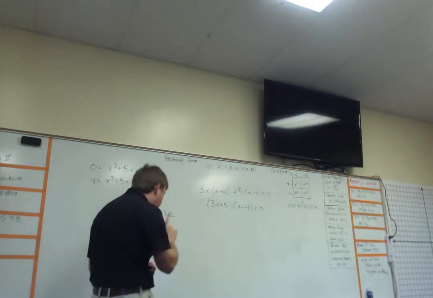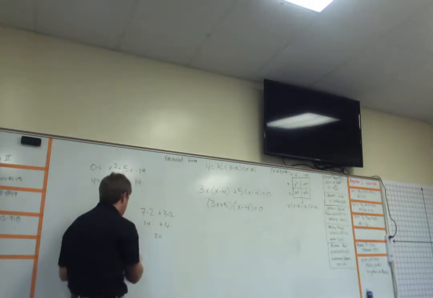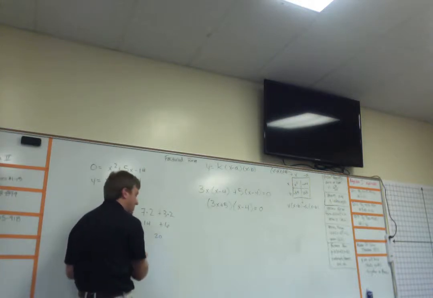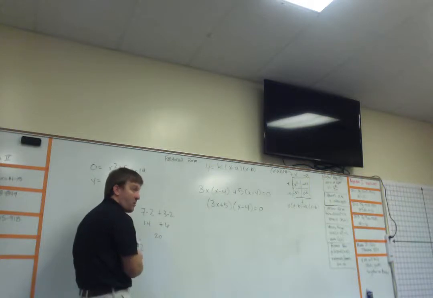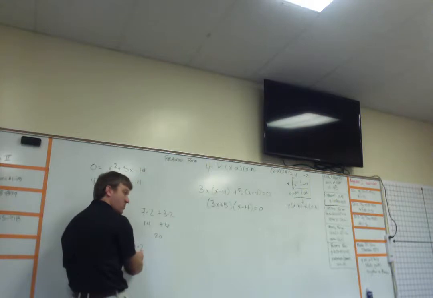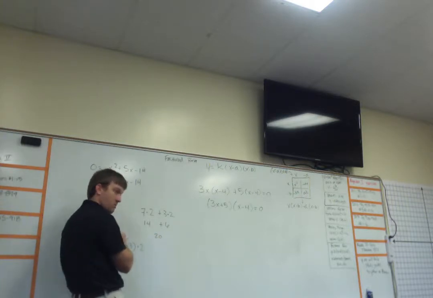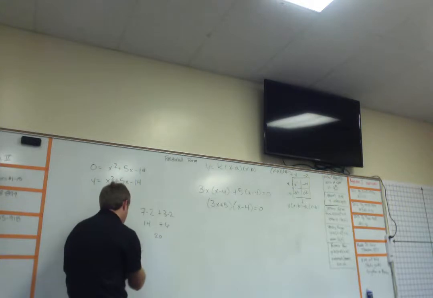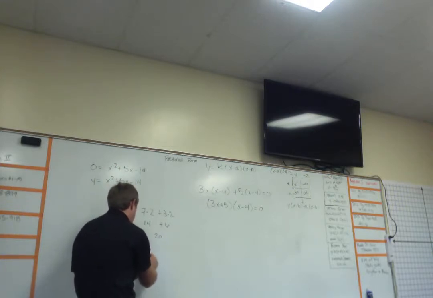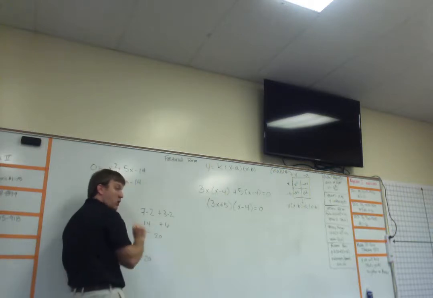Or we could say it is 7 plus 3 times 2, the distributive property. I did the distributive property backwards, because if I had it this way, I could get to here by going 2 times 7 plus 2 times 3. That's the distributive property. Distribute the 2. And sure enough, 7 plus 3 is 10, times 2 is 20. I get the same result regardless of how it's written.